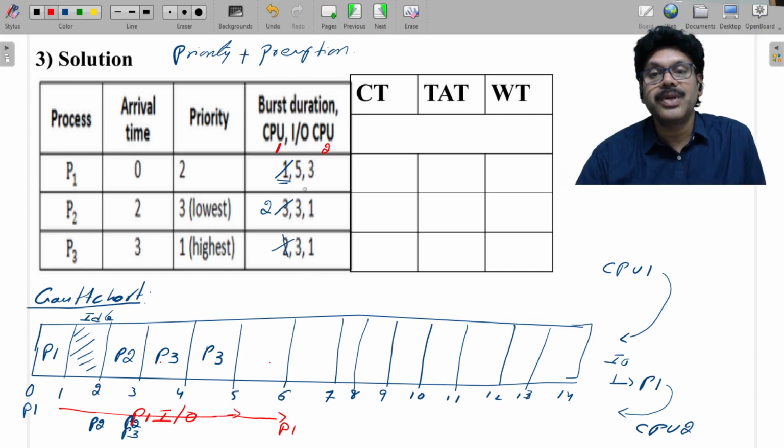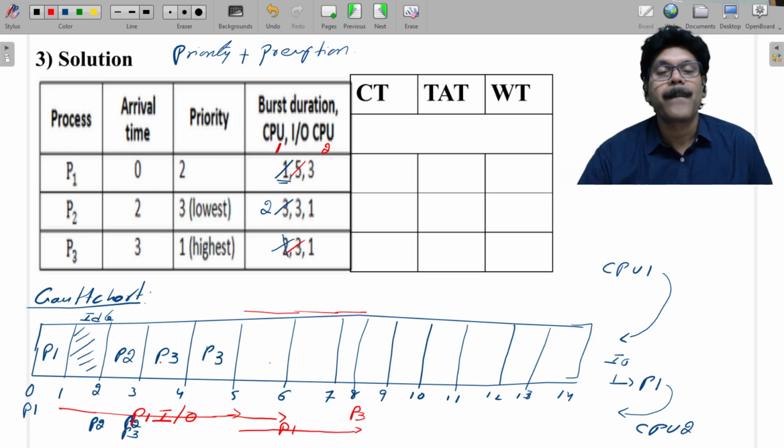How many units of IO? As P1 needed 5, P3 is asking for 3 units. So 1, 2, and 3. P3 will wake up exactly here for its CPU 2 burst time.